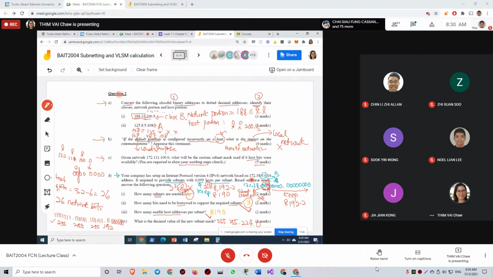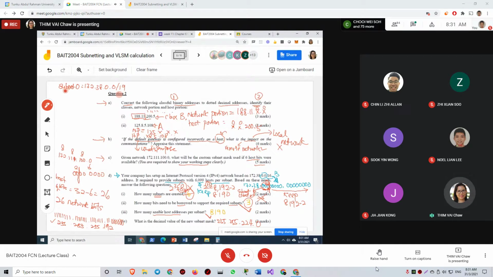Now, by having a magic number, your subnet 0 is 172.38.0.0, no more slash 16 already. You should use slash 16 plus another 3, which is 19.